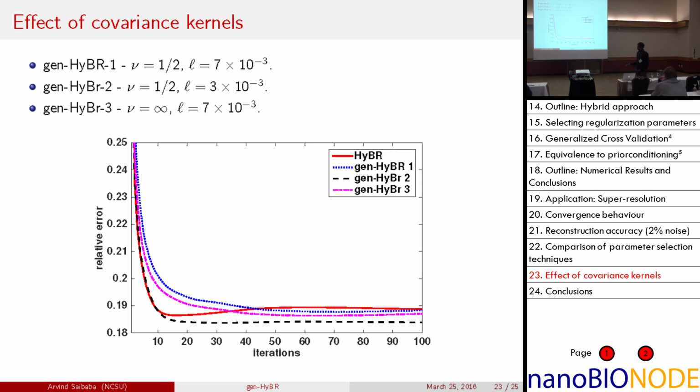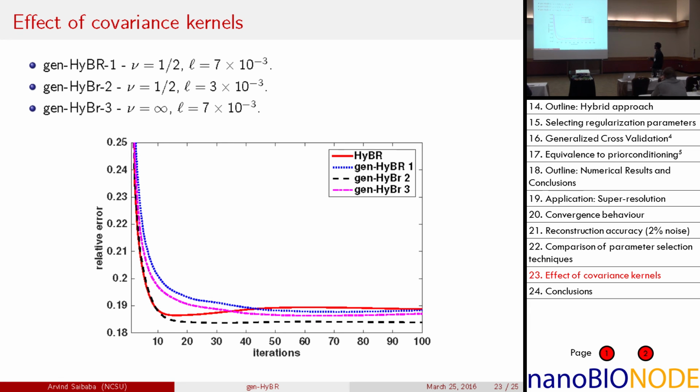So you might be wondering what the effect of covariance kernels is. I should mention that the previous examples were run with the exponential covariance kernel. So I chose the exponential covariance kernel again with two different correlation lengths, and I chose the Gaussian covariance kernel, which corresponds to nu equals infinity.